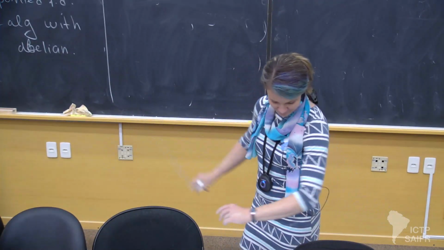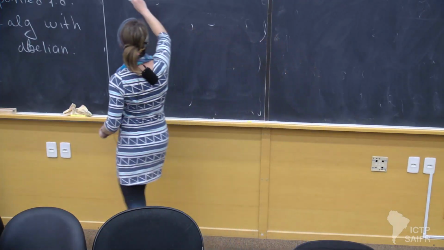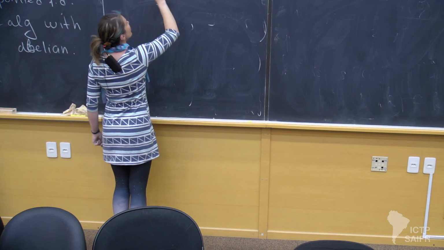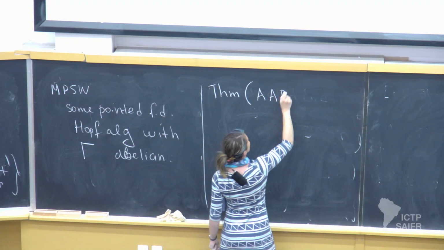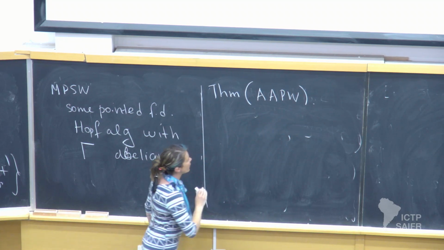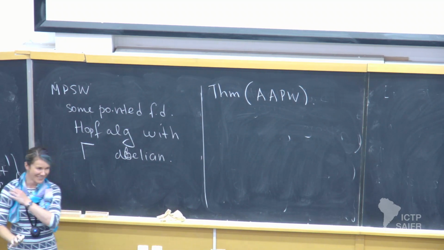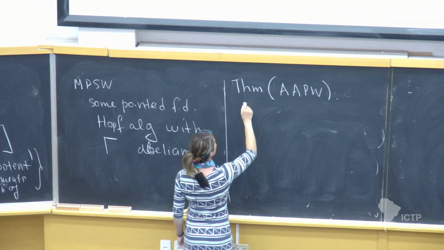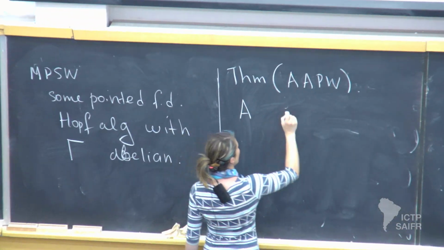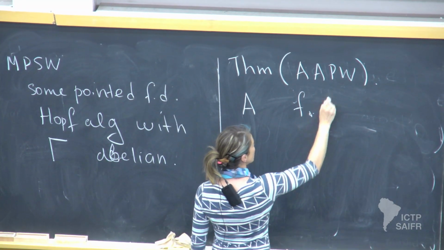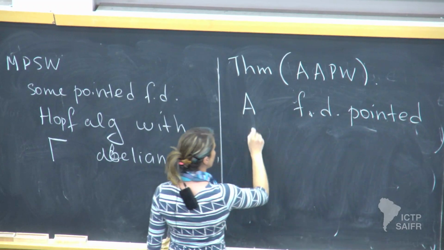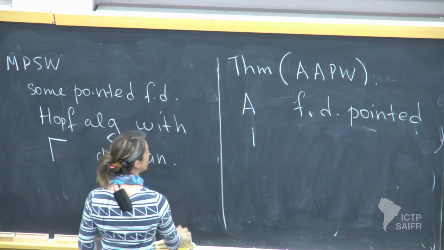Okay. Theorem. So by those 3 people, myself. Oh, I should say that this is a preliminary report. Let's say A is a finite dimensional, pointed Hopf algebra. I already have it here.